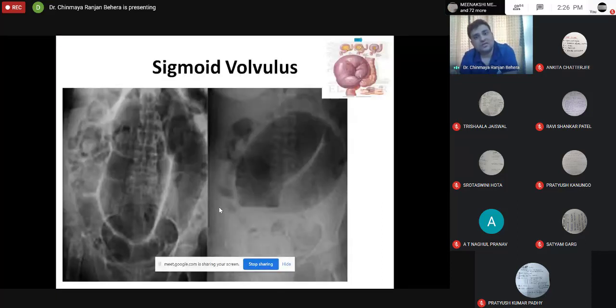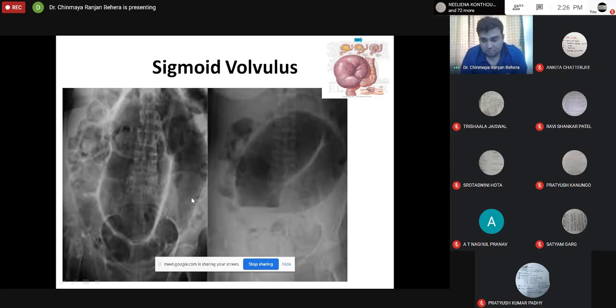Now what you see is an X-ray showing a dilated loop. Can you appreciate the hugely dilated loop here, or here also? A dilated loop with air-fluid levels and a whitish band-like thing inside.